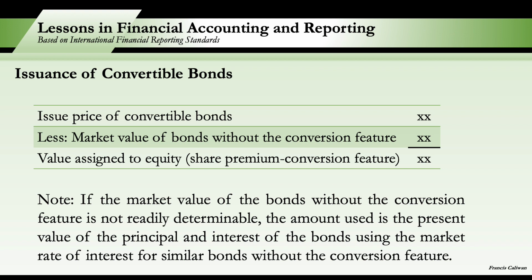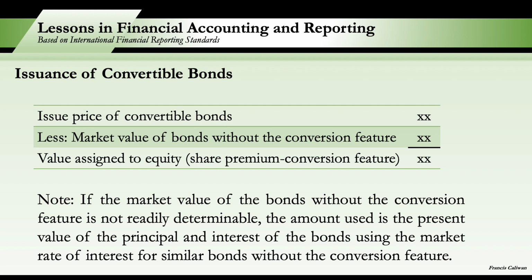Okay, next is our discussion for the convertible bonds. So again, these are the bonds which are issued with the option to convert the bonds payable to the shares of the issuing company. So similar with bonds with share warrants, we determine first the issue price of the compound financial instruments, which is our convertible bonds, and then we deduct the market value of the bonds without the conversion feature, our liability component, and the residual amount is the value assigned to the conversion feature.